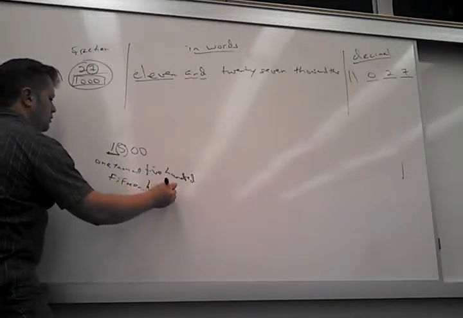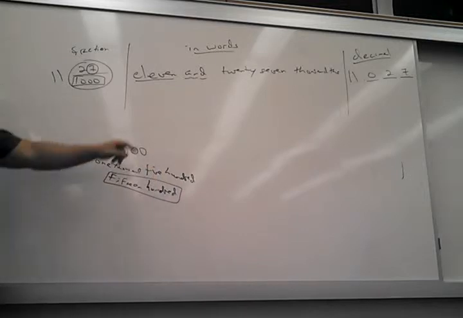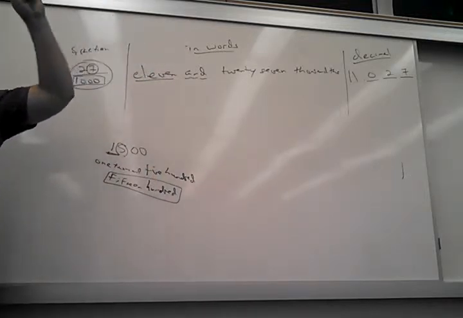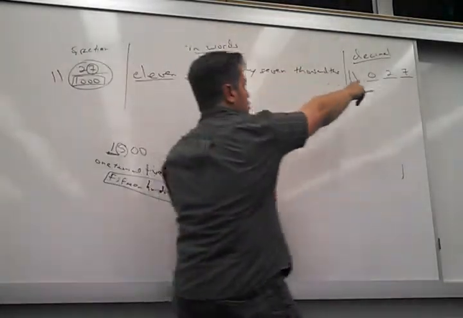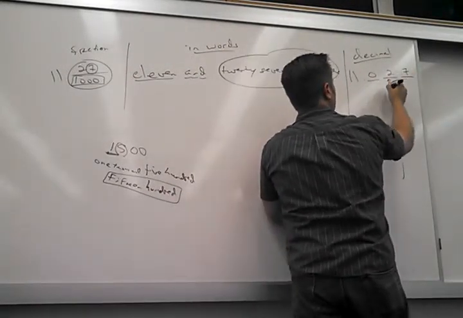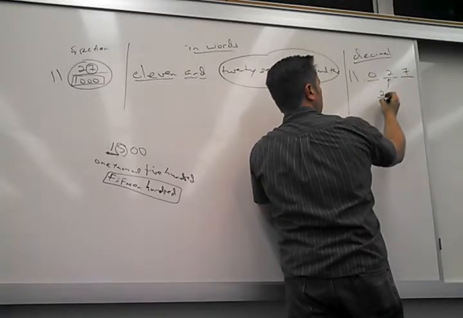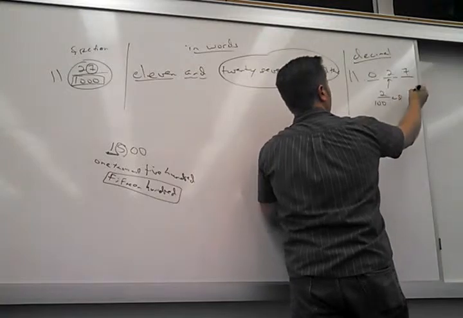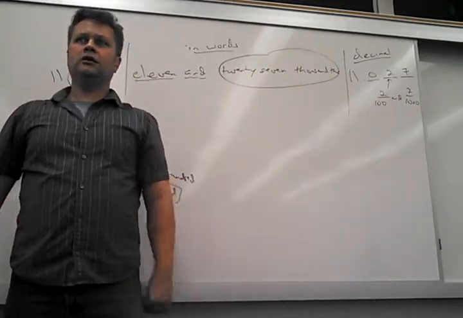Now, we always default to this when we have decimals, because it's a lot easier than the alternative way to say this. The alternative way to say this besides 27 thousandths is to say 2, what place is that in? Hundredths and 7 thousandths. That's the other way to say this.